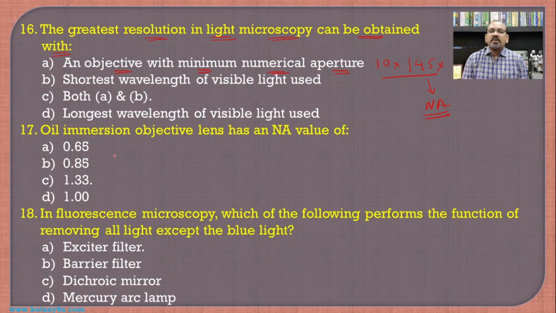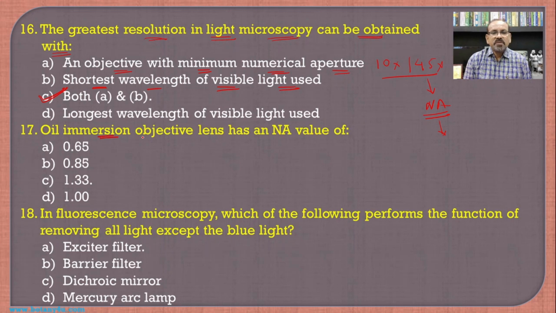So that is known as the refractive index also. So that is one of the factors which is responsible for the greatest resolution. Then the shortest wavelength of the visible light is also responsible for the better views of the object under the light microscope, and hence both A and B become the answer for this question.